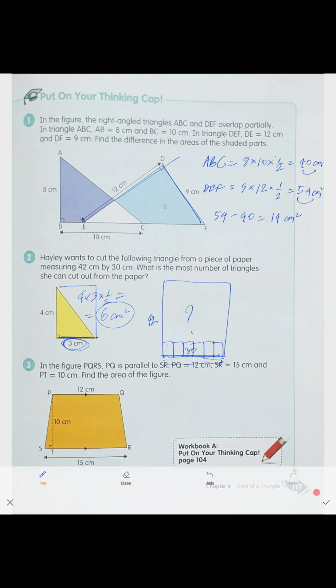So there will be 10 over here, and 5 over here: 1, 2, 3, 4, 5.